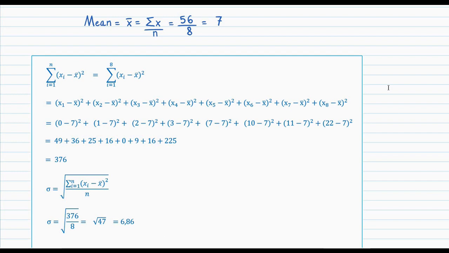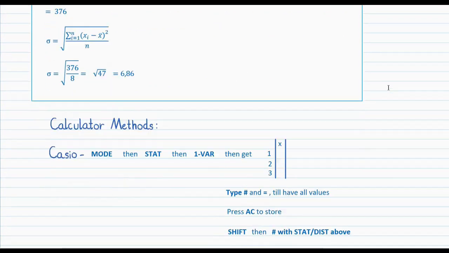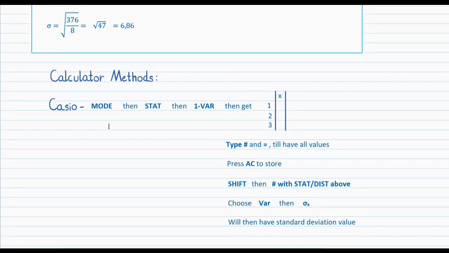And the next thing to know is how to determine the standard deviation using your calculator. If you have a Casio, the procedure is first click on mode, then choose stat, then choose whichever number corresponds to the option VAR, which will most likely be the number 1.